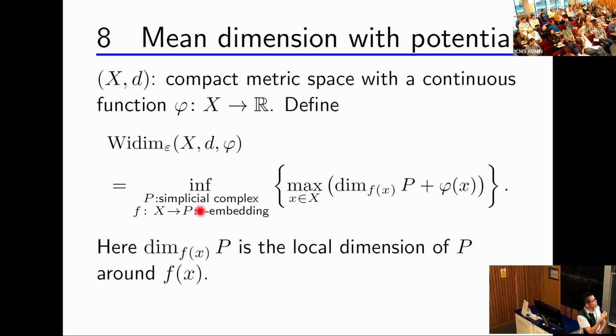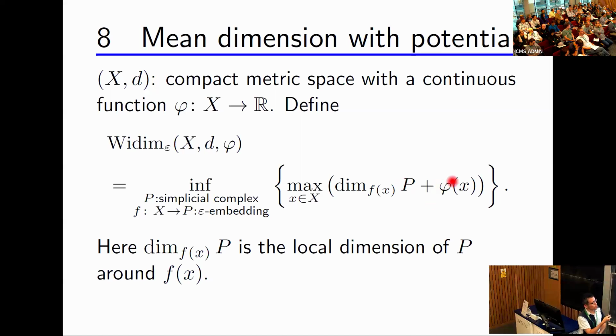This is a bit complicated formula. So here P is a simplicial complex and f is an epsilon-embedding from X to P. And we consider this mysterious quantity. The first term is the local dimension of P at the point f(x). Local dimension means the dimension of some small neighborhood of f(x).